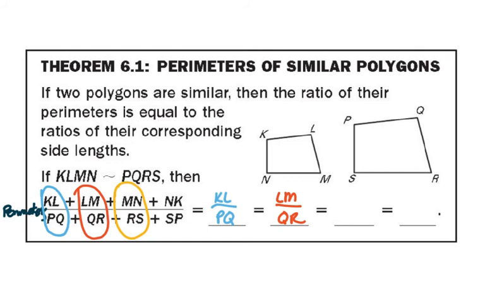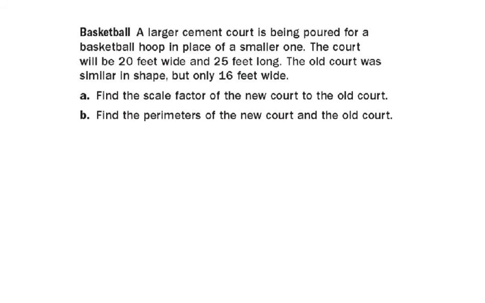So LM is equal to the ratio of LM to QR, equal to the ratio of MN to RS, and equal to the ratio of NK over SP. And you can pause here, but we're going to roll forward.